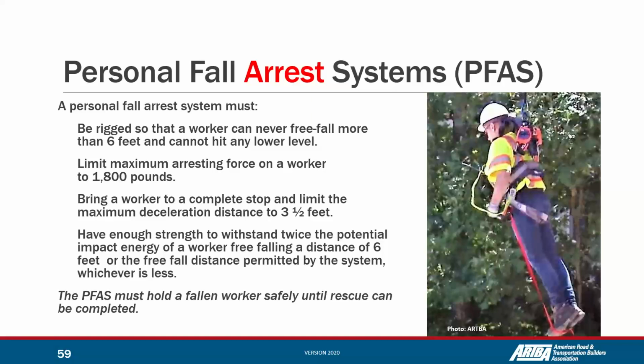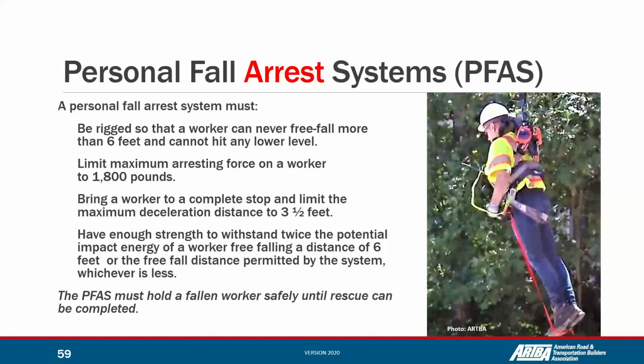Then bring a worker to a complete stop and limit the maximum deceleration distance to 3.5 feet. Have enough strength to withstand twice the potential impact energy of a worker free falling a distance of 6 feet, or the free fall distance permitted by the system, whichever is less. The personal fall arrest system must hold a fallen worker safely until rescue can be completed.